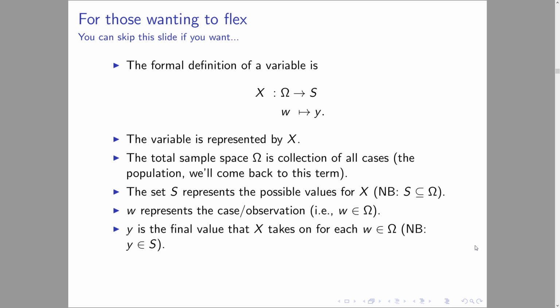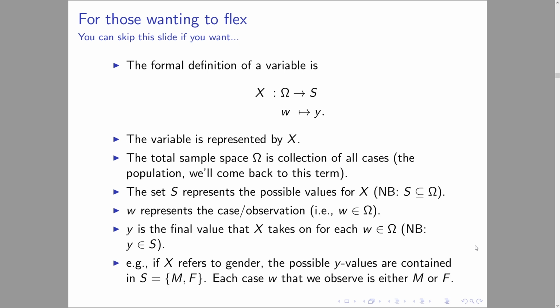And if S represents the set of all possible values that we can have for the statistical variable X, then y must belong in the set S. So what this definition means is that the statistical variable X takes on some value y for every case or observation that we have in our data set, and that is represented by the letter W, whereby the number of possible values is contained in the set S.